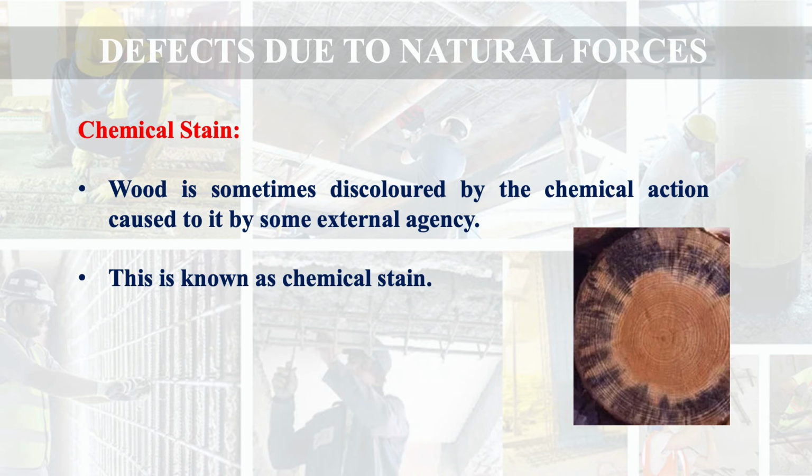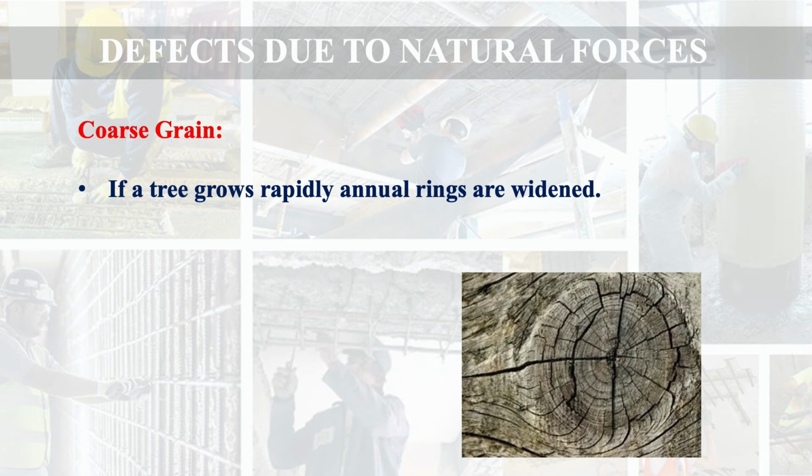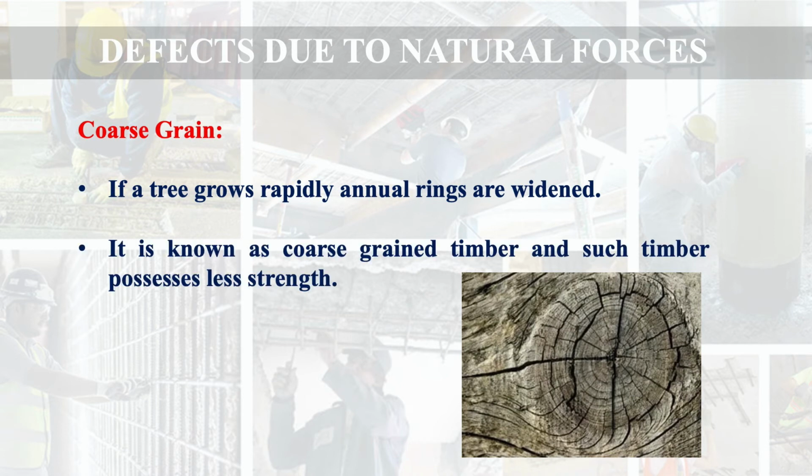Next defect is coarse grain. If a tree grows rapidly, annual rings are widened. It is known as coarse grain timber and such timber possesses less strength.